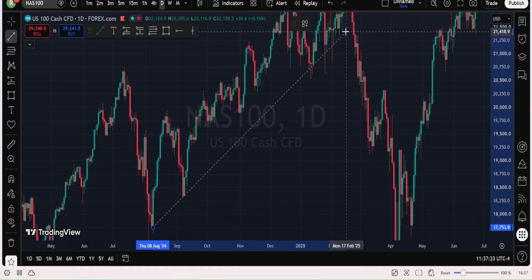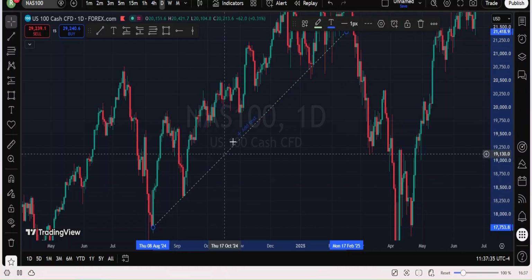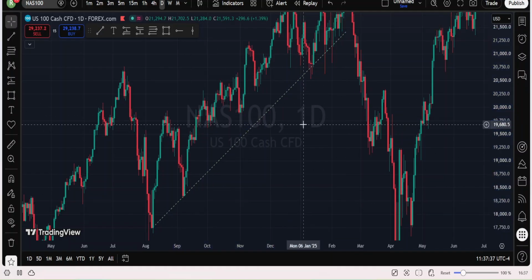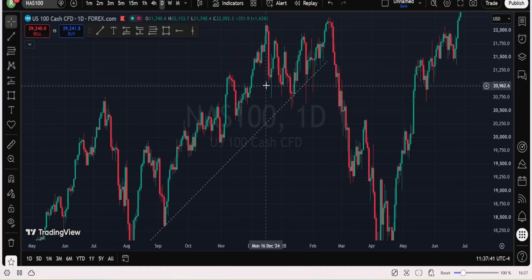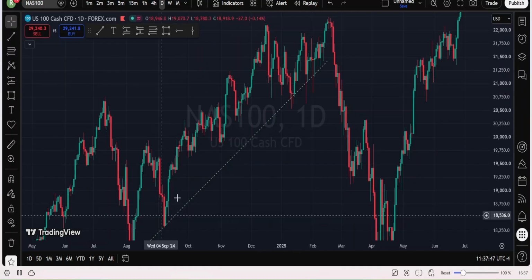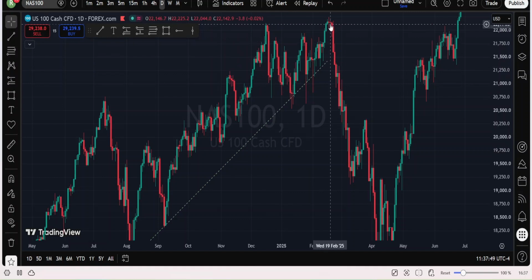The overall trend has been an uptrend in this higher time frame of daily charts. That means if you're using your lower time frame, what you should be looking for is an opportunity to take the trade higher, that's to buy. The probability of winning will be higher than shorting this trend.